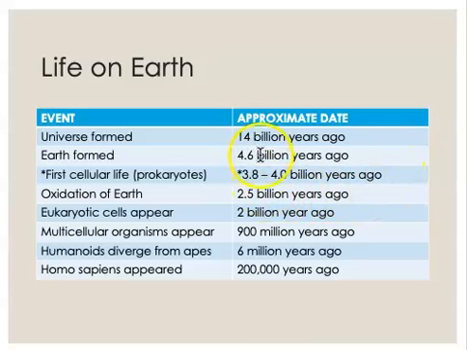Now I've got an asterisk next to this number because this number has recently changed. Over the past several years, some new evidence has emerged. We used to think that the first life form appeared on the planet about 3.5 billion years ago. But some newly discovered fossil evidence suggests that it was a little bit earlier than that, 3.8 to 4 billion years ago.